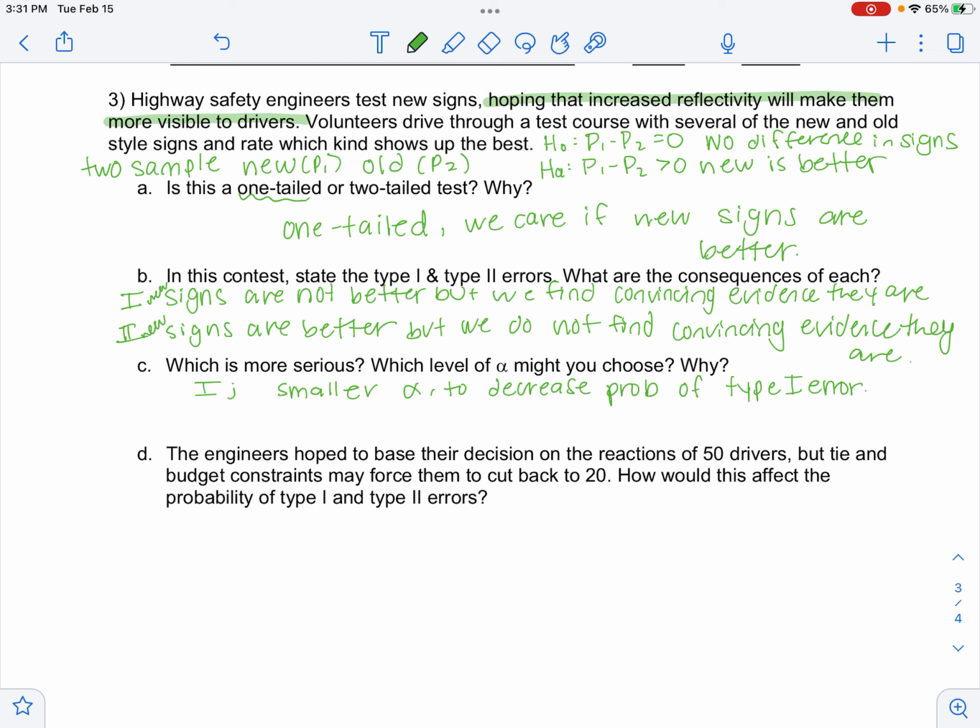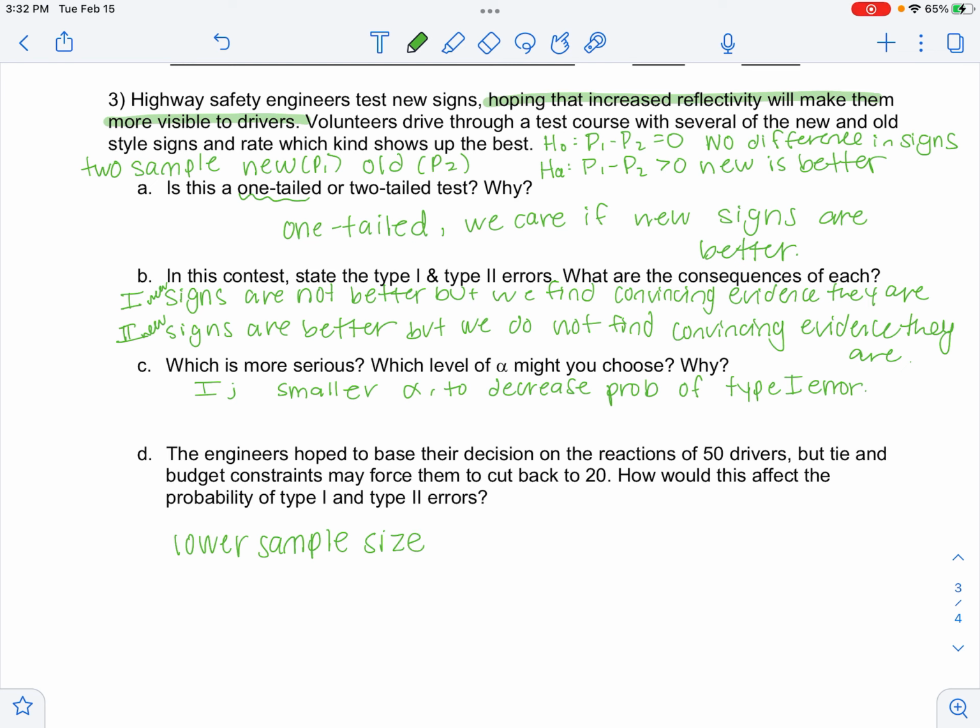And last, part D, the engineers hope to base their decision on the reactions of 50 drivers, but time and budget constraints may force them to cut back to 20. How would this affect the probability of type 1 and type 2 error? Well, if I lower the sample size, we know that this is bad, right?